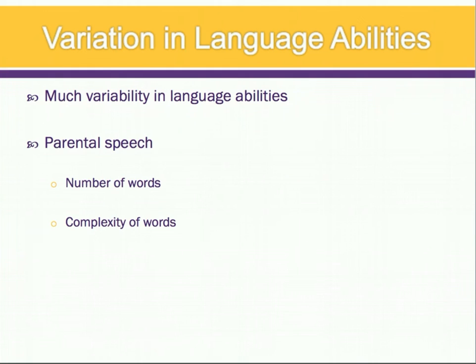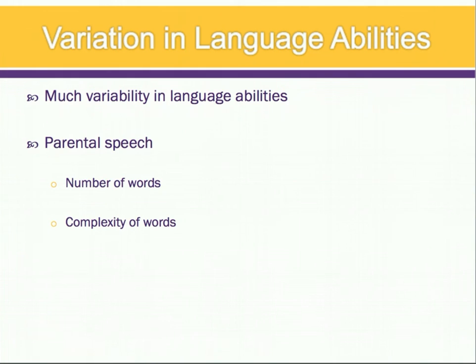So let's move into a little bit more detail. We care so much about language because it lays the groundwork for cognitive and other social tasks. And we know that preschoolers who don't speak clearly are less able to play with children, less able to perform well in school, all of these types of things.